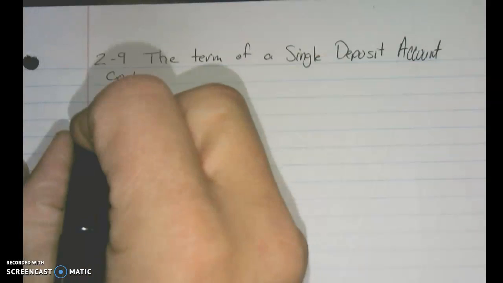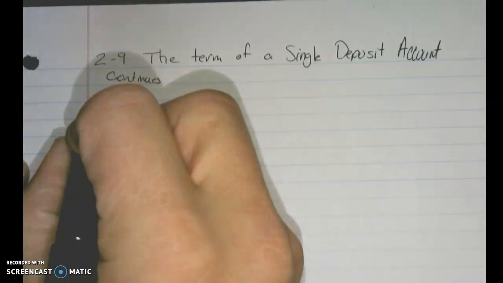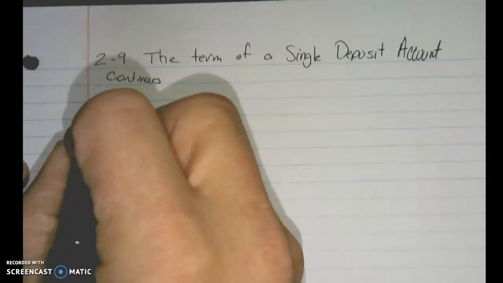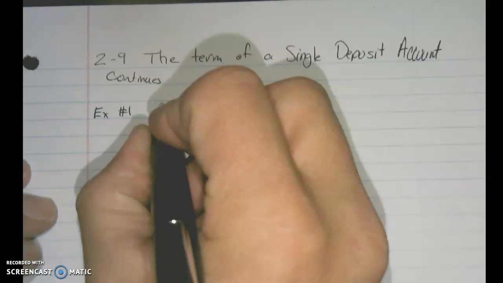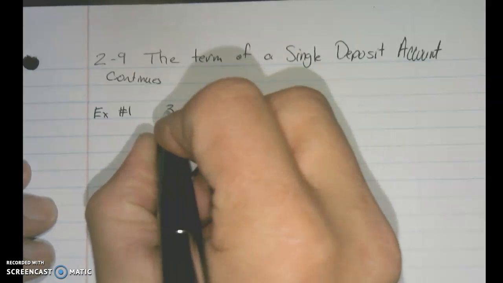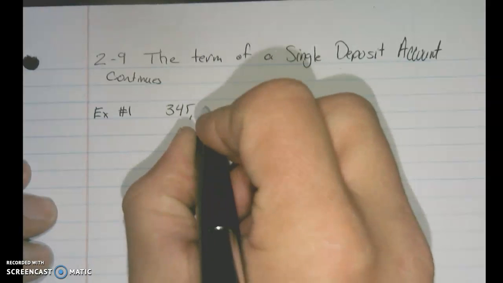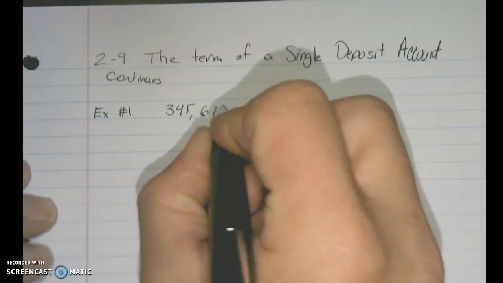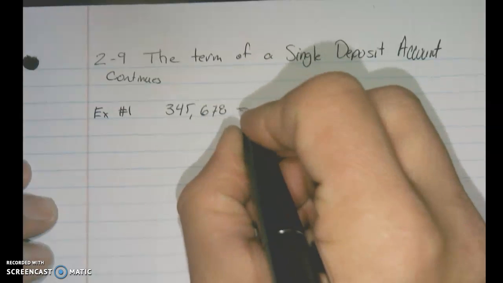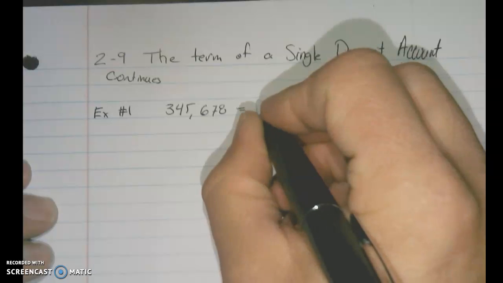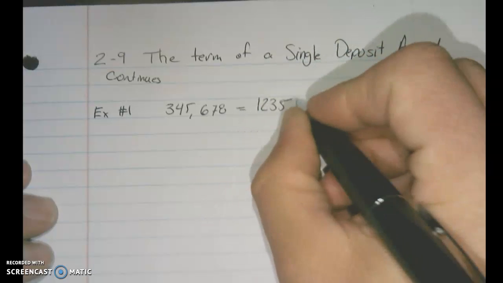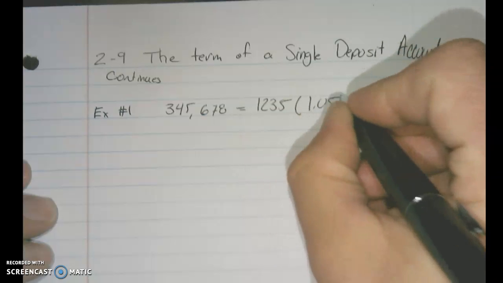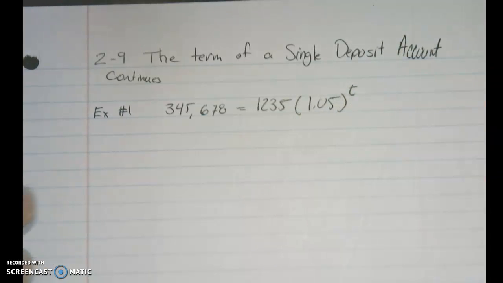Sweet. Okay, so this is going to be example number 1. Let's go with 3,45,678 is equal to 12,35, and then 1.05^t.